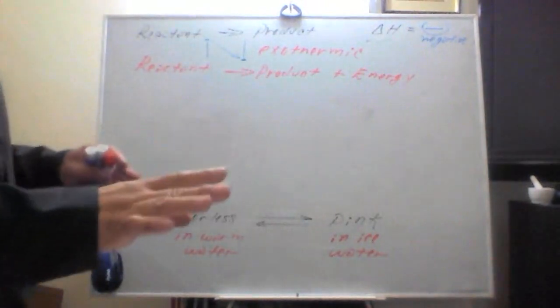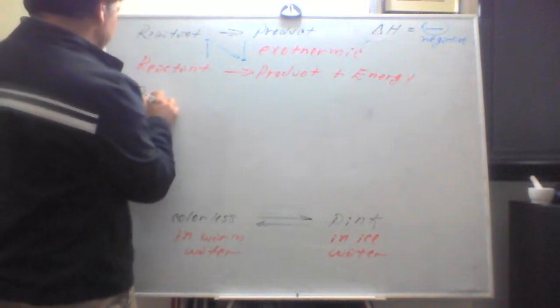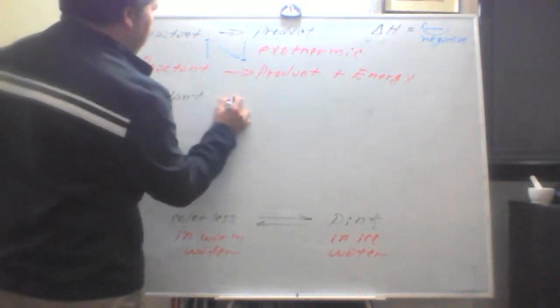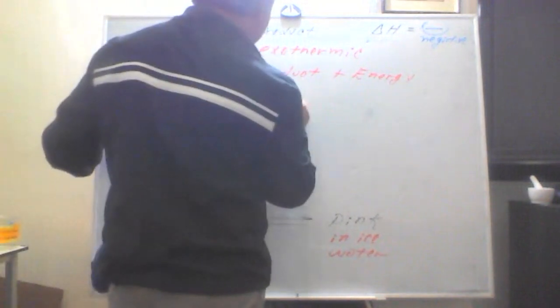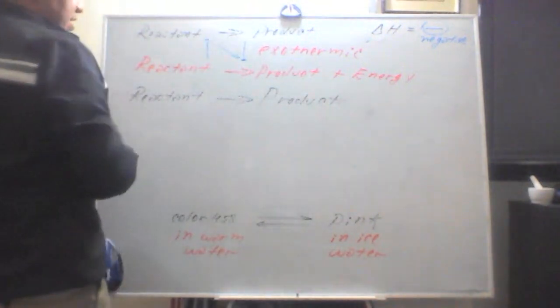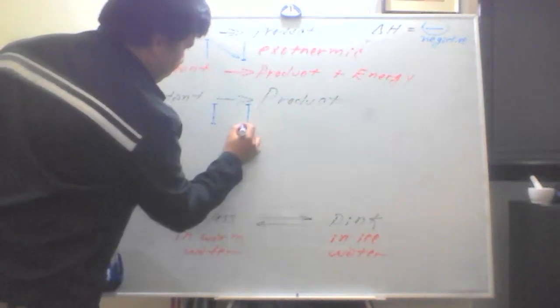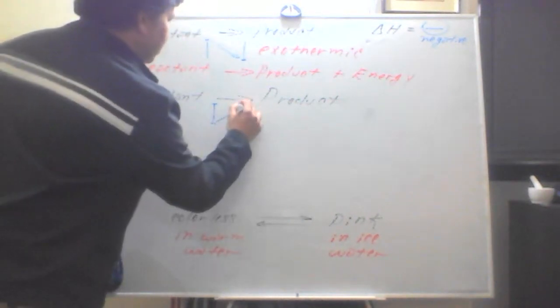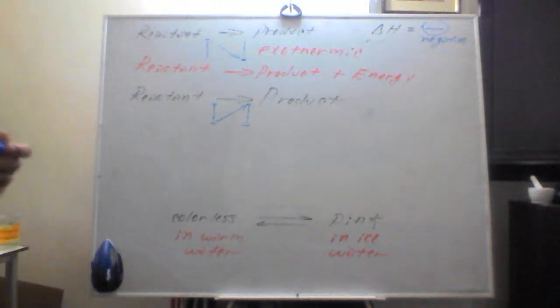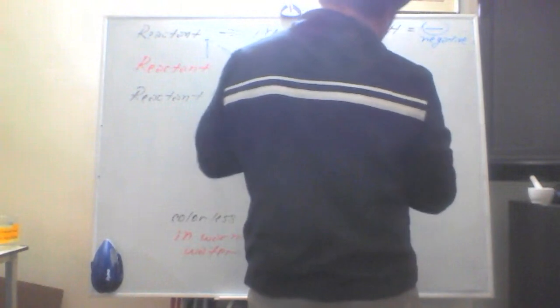So another possibility for the reaction is an enthalpy change. So we have reactant goes to product. And in here again we have energy changes. But then this is in the opposite direction. At the end you have more energy than at the beginning. So what you get is an enthalpy change that has a positive sign.